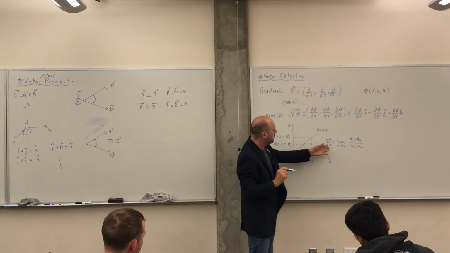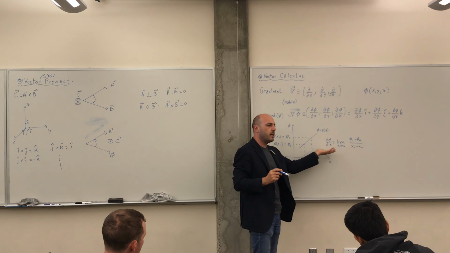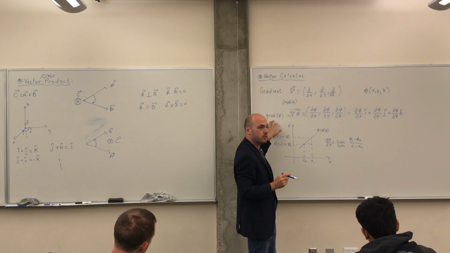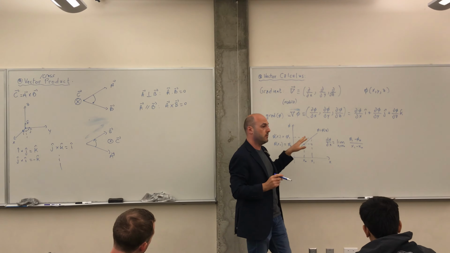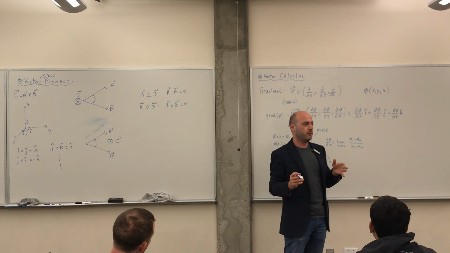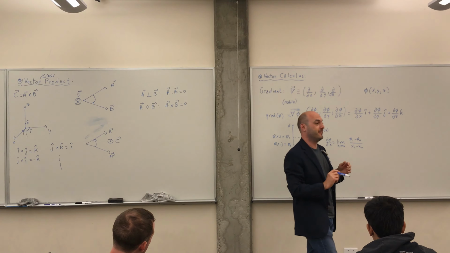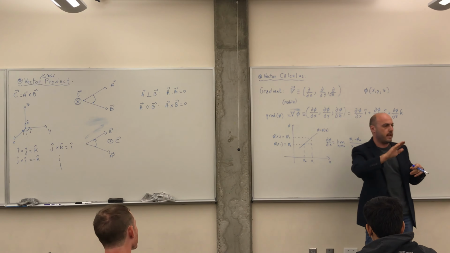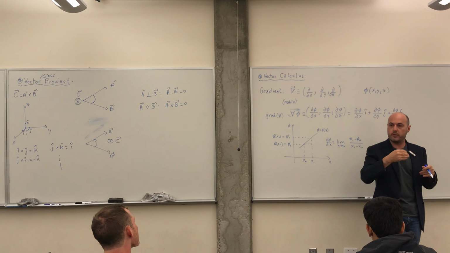In 1D, the derivative is a scalar value. The generalization of the derivative, specifically the gradient, into 3D is a vector. What's the difference between a vector and a scalar? It has a direction. That's the key point here. So yes, it measures the steepness and how much rise you're going to get for a given run.